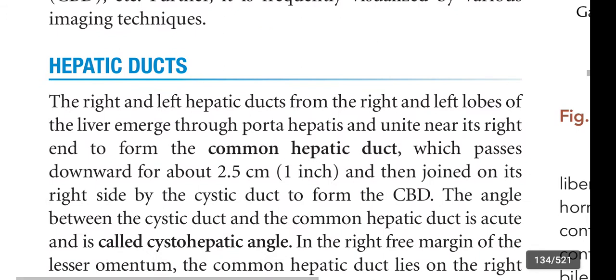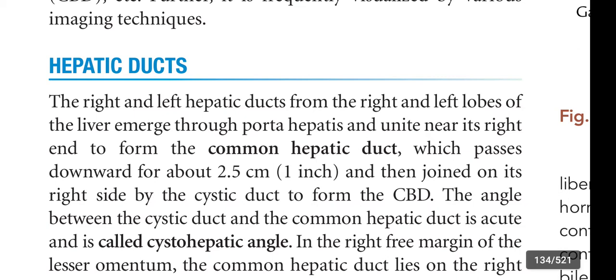First, hepatic ducts. The right and left hepatic ducts from the right and left lobes of the liver emerge through the porta hepatis and unite near its right end to form the common hepatic duct, which passes downwards for about 2.5 centimeters, that is 1 inch, and is then joined on its right side by the cystic duct to form the common bile duct.